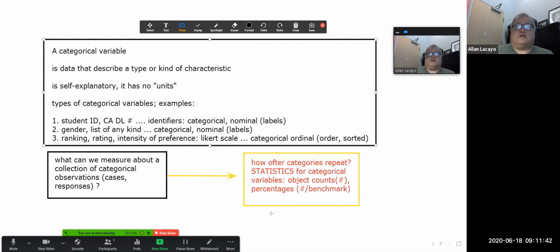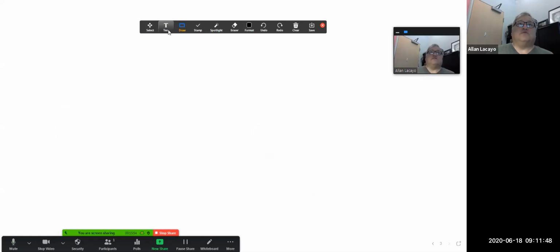Okay, so are there different kinds of counts? Are there different kinds of percentages? The answer is yes, absolutely. So we're going to see two different cases in chapter 2. Case number 1 in chapter 2 is going to be the case of one categorical variable. And case number 2 is going to be two paired categories.